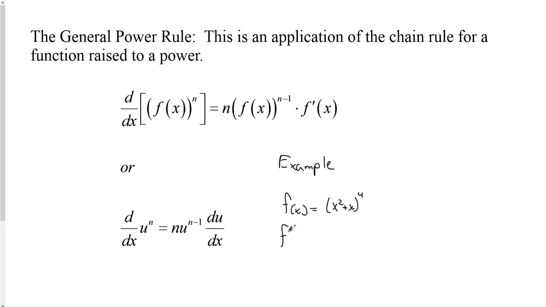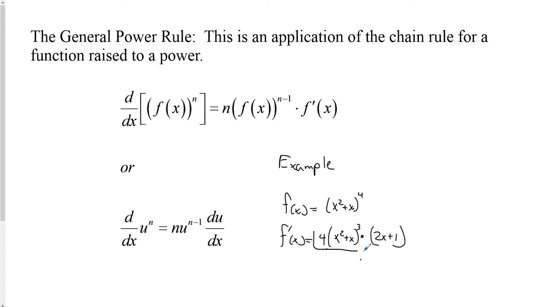So the derivative of this is just going to bring this 4 down, so it'll give me a 4, and then it'll be x squared plus x. You leave the inside alone, and then reduce the exponent by 1, and then multiply by the derivative of the innermost function, which would be 2x plus 1.